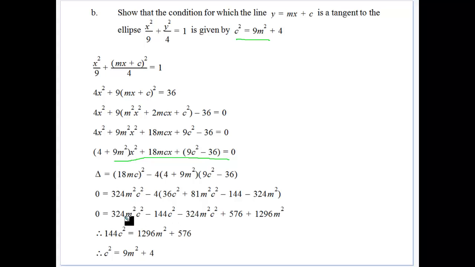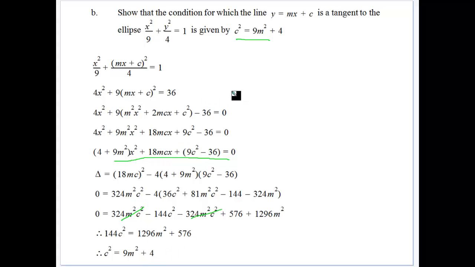The 324 m squared c squared cancels out, which is very nice. Then the 1296 m squared and 576 are left by themselves, so we've taken that across because we know what we want to find. Hopefully, they're all divisible by 144, and they are. 144 goes into 1296 9 times, and into 576 4 times. But see the manipulation there.